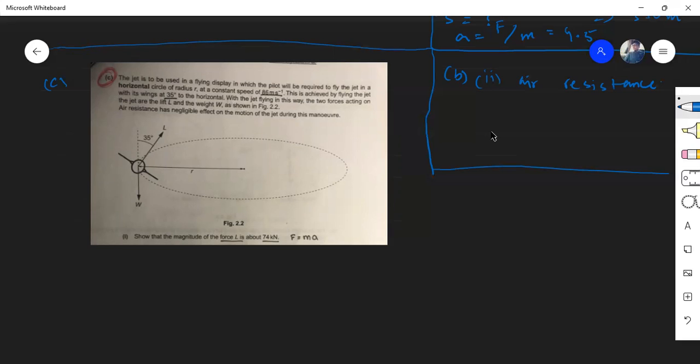There's an important thing that we need to highlight, and I think it's already highlighted in the question. The examiner gave you a hint on how to solve this question. They told you that it's moving in a horizontal circle.